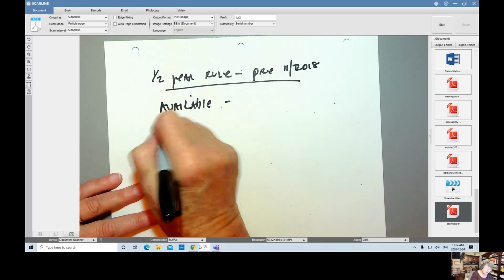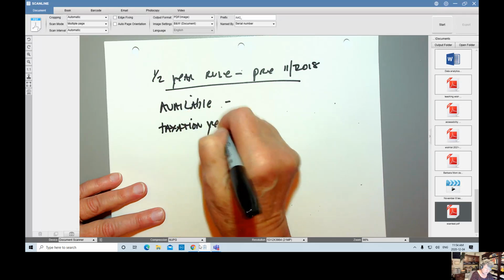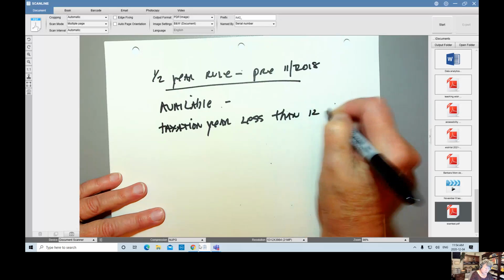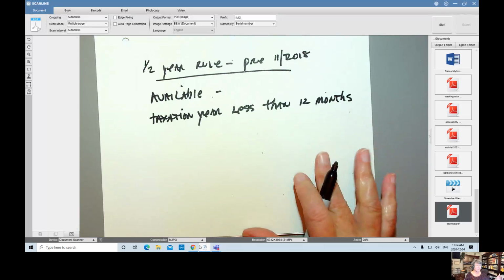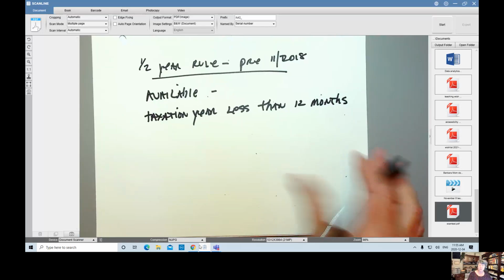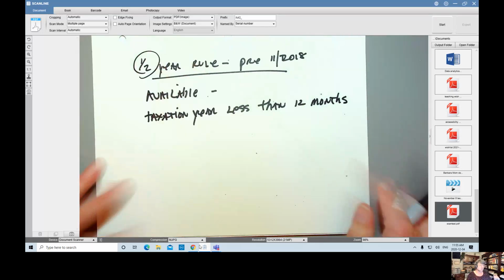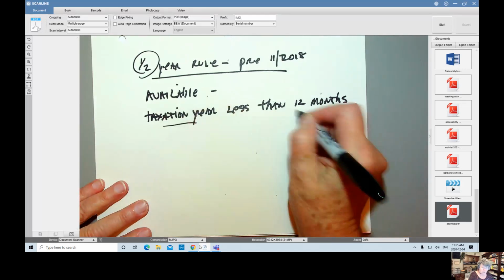Then a taxation year less than 12 months. I want you to notice in the examples so far, I have not worried about when during the year I bought the asset, because it doesn't matter. Originally, that's why the half year rule was there: we're just going to average out when you bought the asset. Under our current system, it doesn't matter when you bought it. It does matter if you've got a taxation year under 12 months.